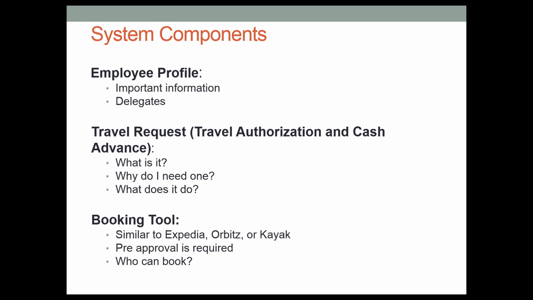The travel request is a replacement for the travel authorization and cash advance forms that we used to fill out by hand. We do require that prior approval be gathered before travel, whether it be on a blanket in-state travel recommendation like we were doing with emails or written pieces of paper, or it's a unique travel request for each individual trip.